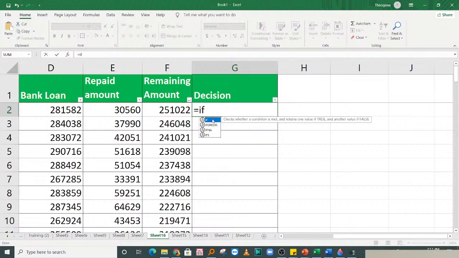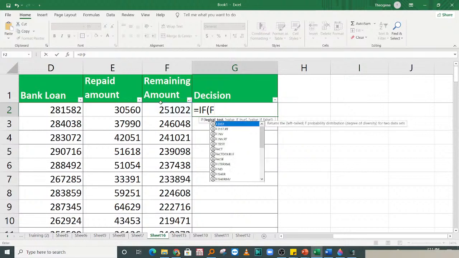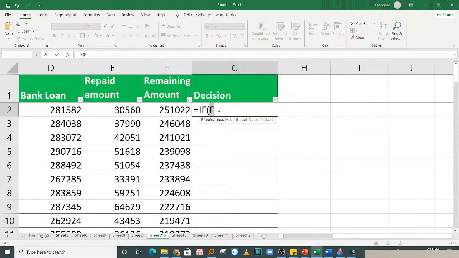So if, okay, if this amount is greater, this is the formula, not because you see 200 and whatever, no, it will work for the rest of the other values.